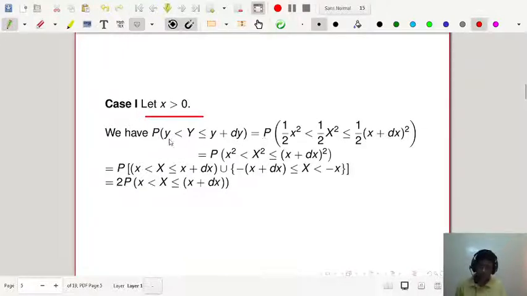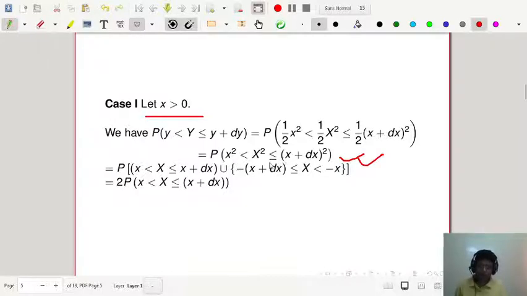Since y is half of x square, we can use the transformation y equals half of x square. The half gets cancelled from all sides, and you remain with the probability of small x square less than capital X square less than or equal to x plus dx whole square. This is a simple calculation.